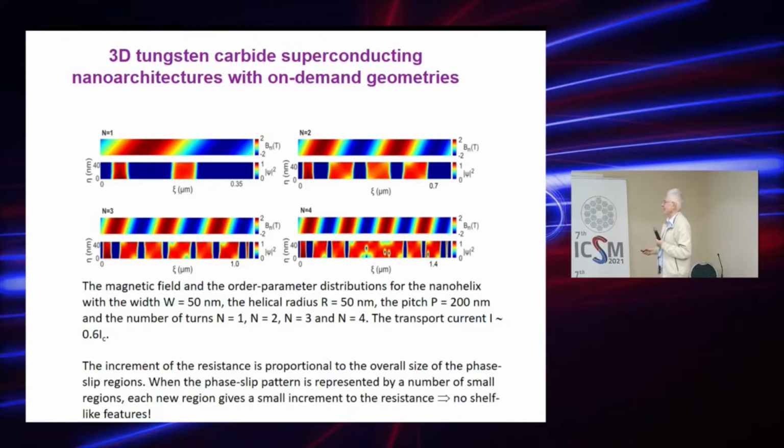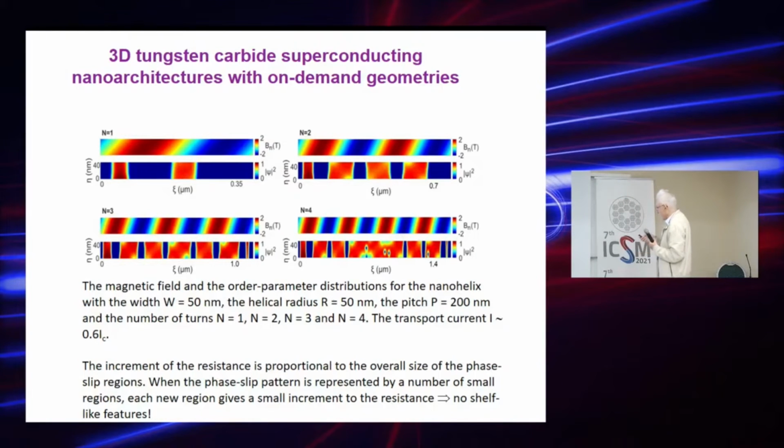So this is 1, 2, 3, and 4. The phenomenon remains the same. The phase slips may occur only in the half windings, either in the top or in the bottom, where the magnetic field normal to the nanohelix is maximal.